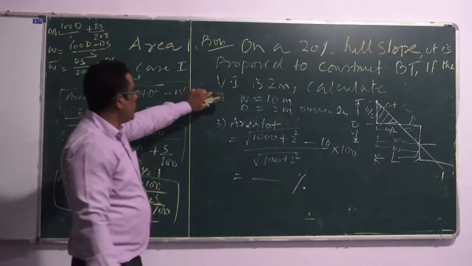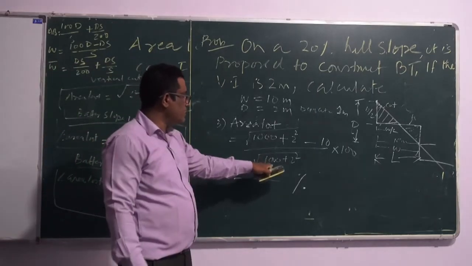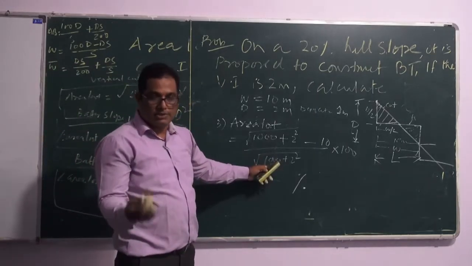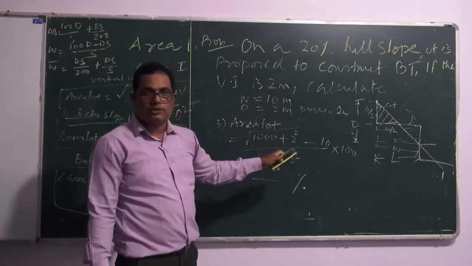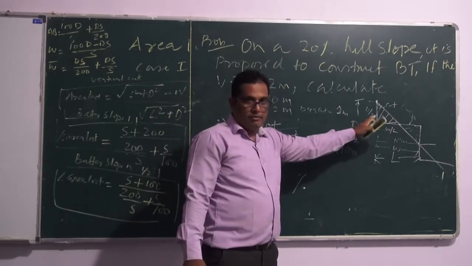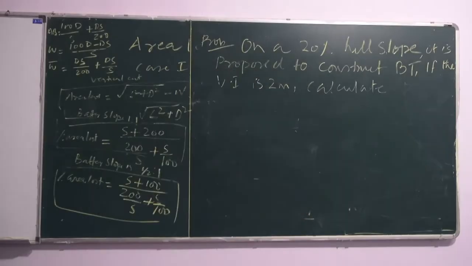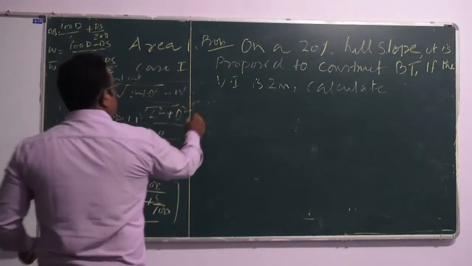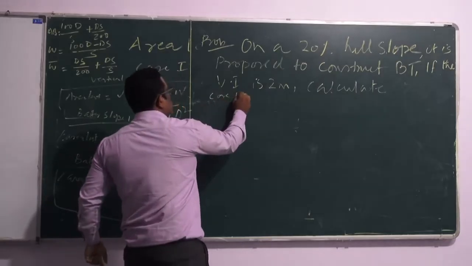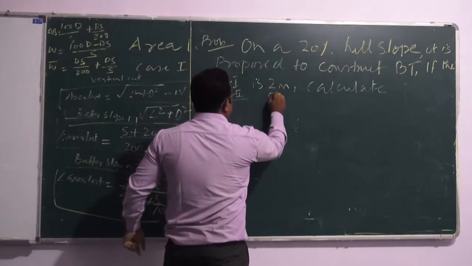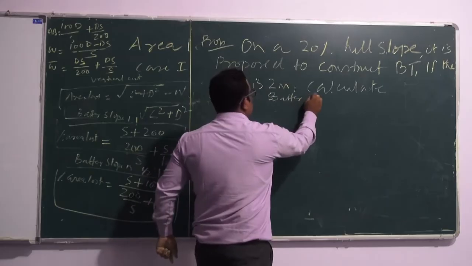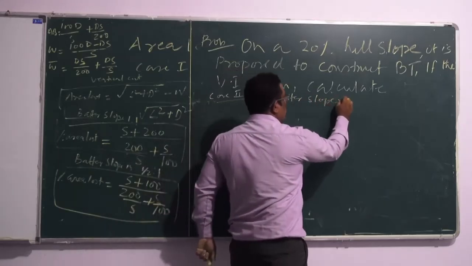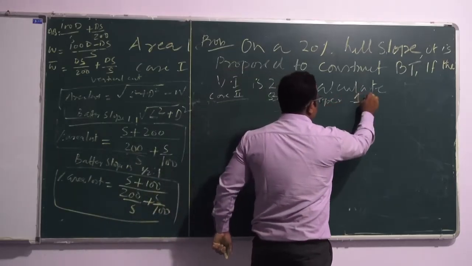Now coming to the second case, I think by solving this you will get whatever, 2, 3, 5%. It will be the area lost because of these bench terraces. The second case, when the batter slope, or the riser slope, is 1:1.